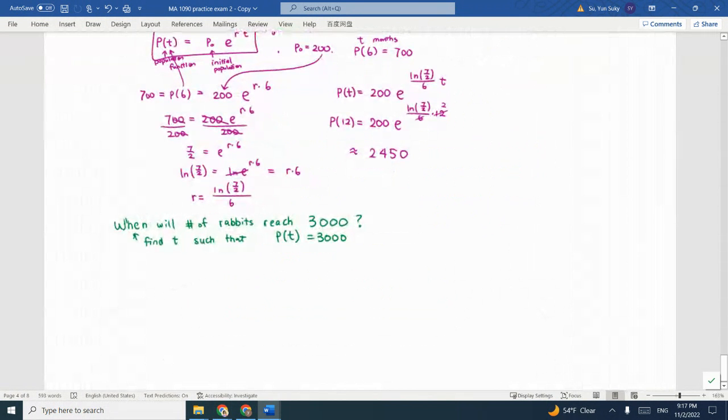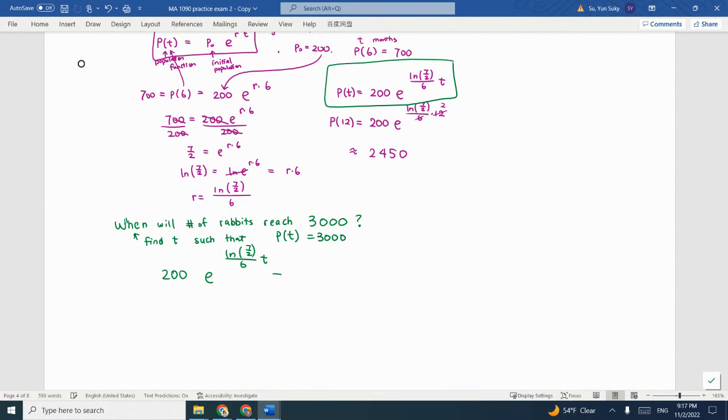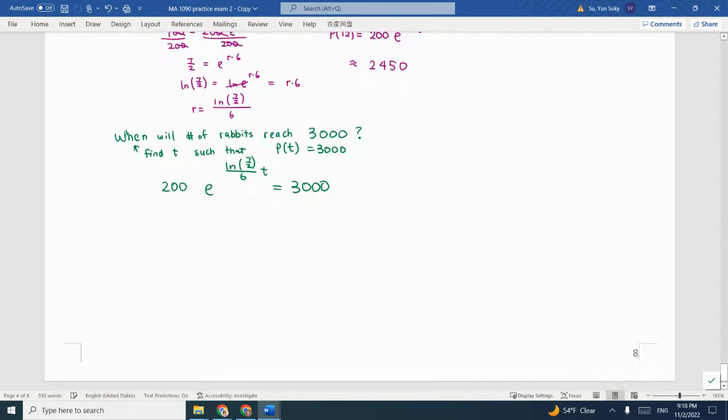Okay, so in this case, what's P of t? This is P of t. So P of t is 200 e to the ln of 7 over 2 over 6 t. Set it equal to 3,000. We want to solve for t.